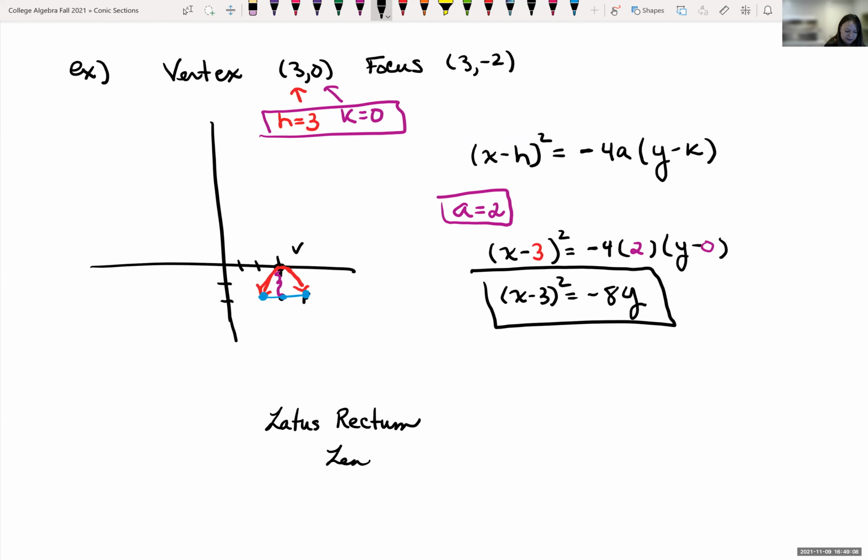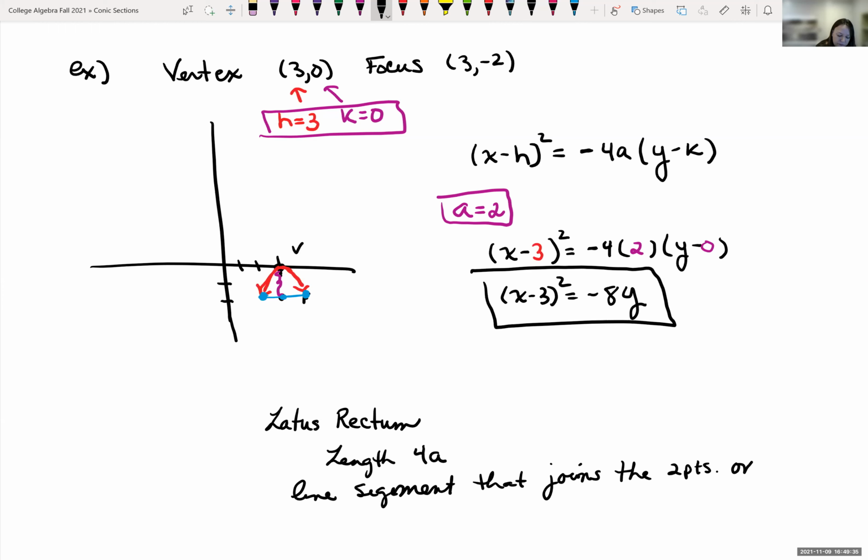It tells me that my length is always 4a, and it's the line segment that joins the 2 points on the parabola that goes through the focus. And so it's going to be these 2 points in here.